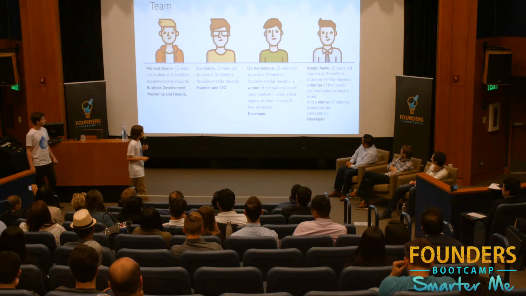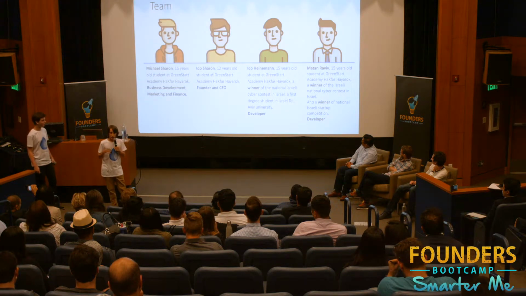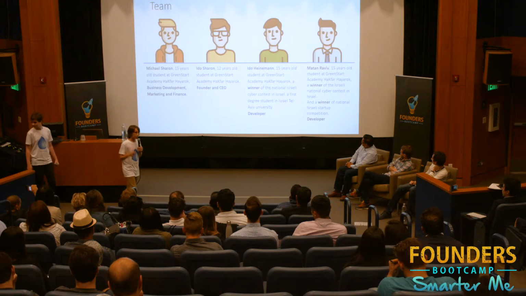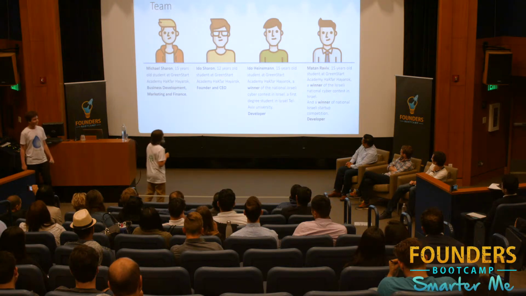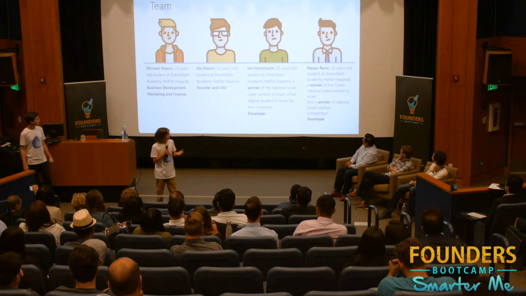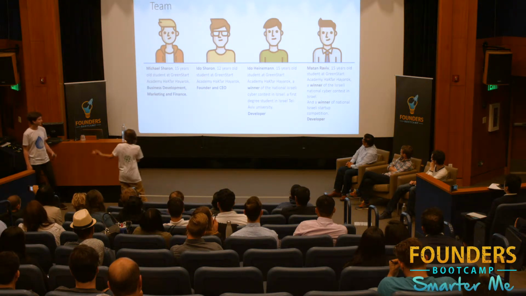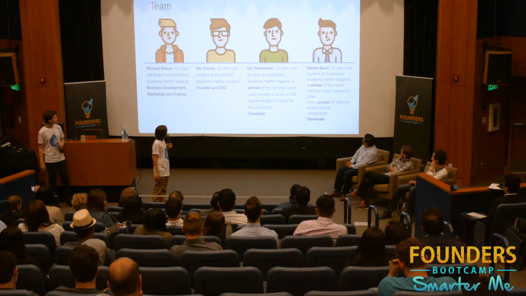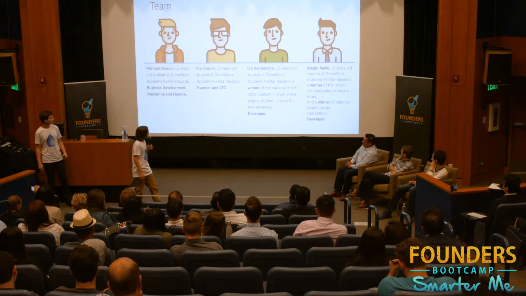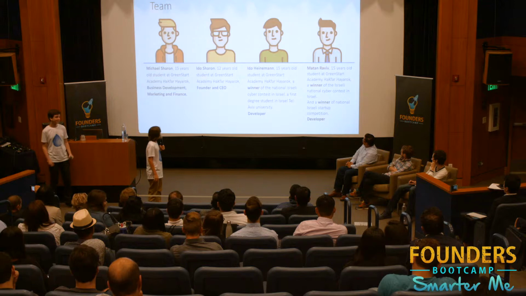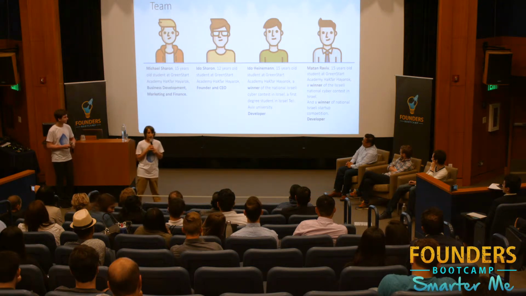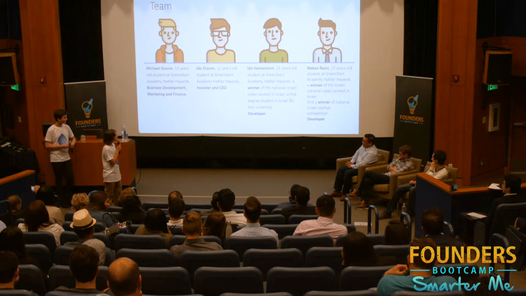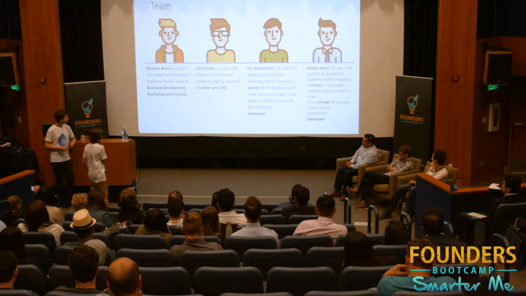He found a way to make the algorithm. And this is Matan. Hello. I am 12 years old. The other is 15 years old. I found the idea. I am the CEO.